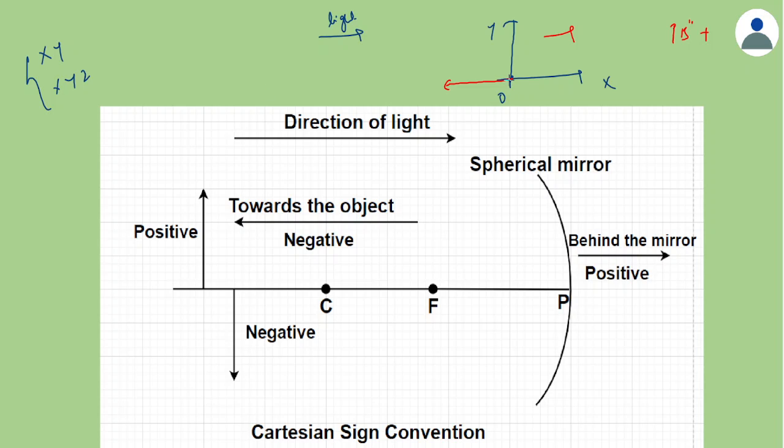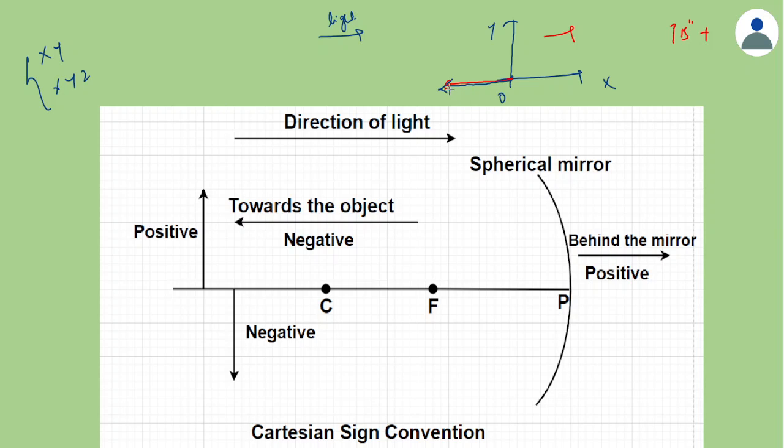So there you saw that distances measured against the light direction are taken as negative, which means distances along plus x are taken as positive and distances along negative x are taken as negative.